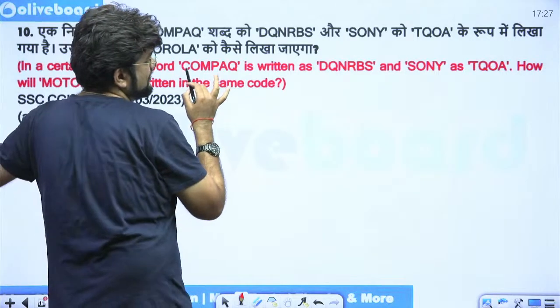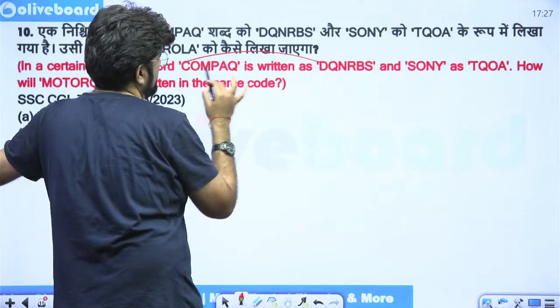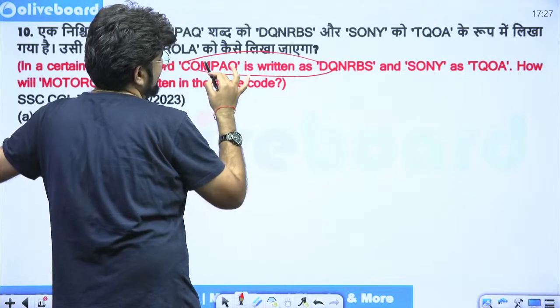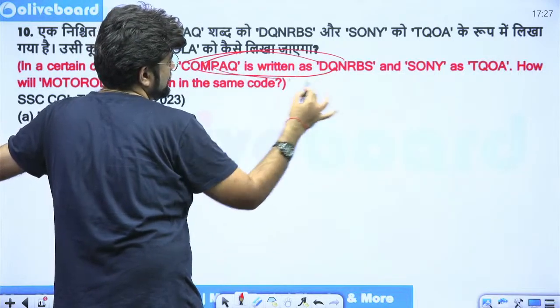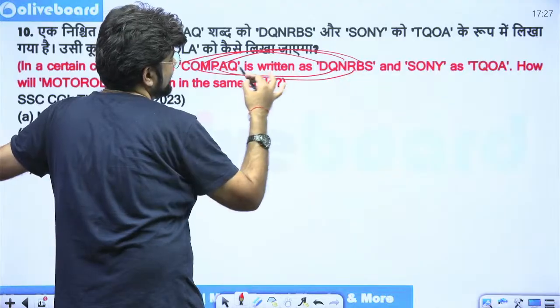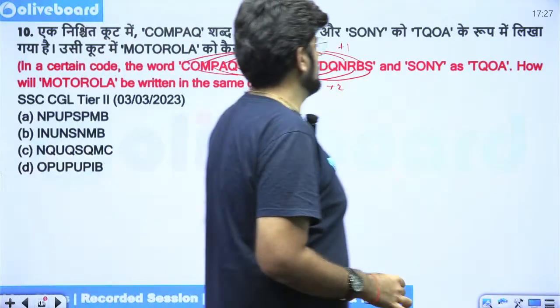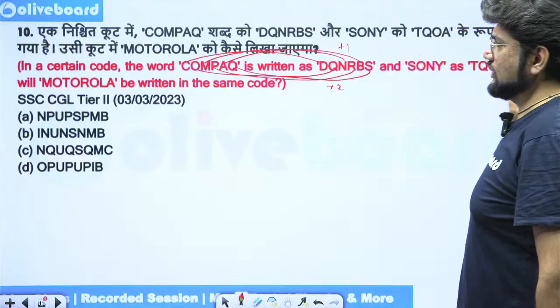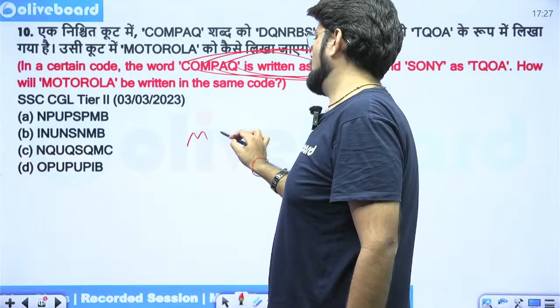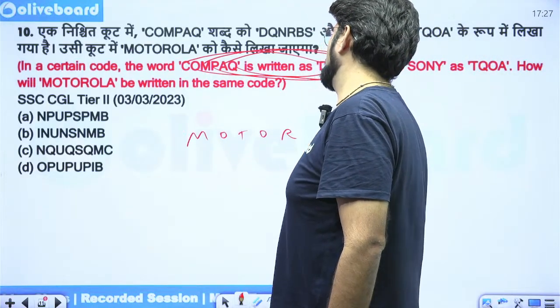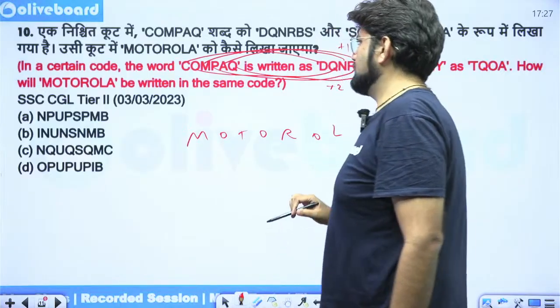Compact is DQ and RBS. So plus 1, 13 plus 2, 13 plus 1, 13 plus 2, 1 plus 1. Okay. Sony is the same. Just quickly confirm it. What will be the code for Motorola? No vowel consonant, right?